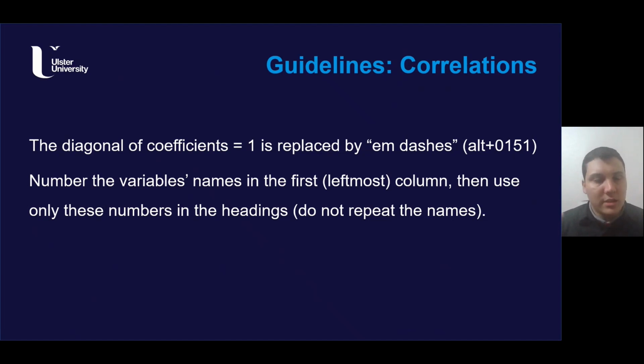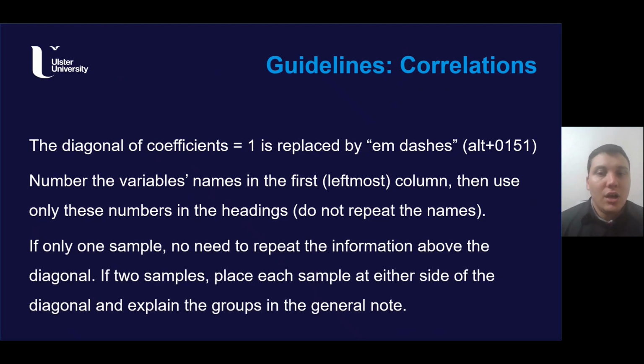So the APA style to do that is to not repeat the name of the variables that you have in your stub column in the headings. In the stub column, you number the variables and you give the names. So the names of the variables are there, but they're numbered. And then in the headings, you only have the numbers of the variables. You do not repeat the names. Okay? Right.